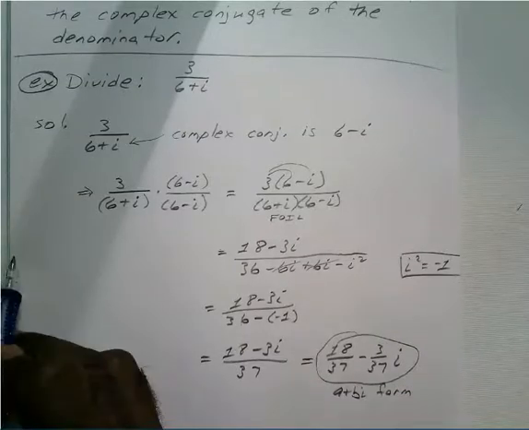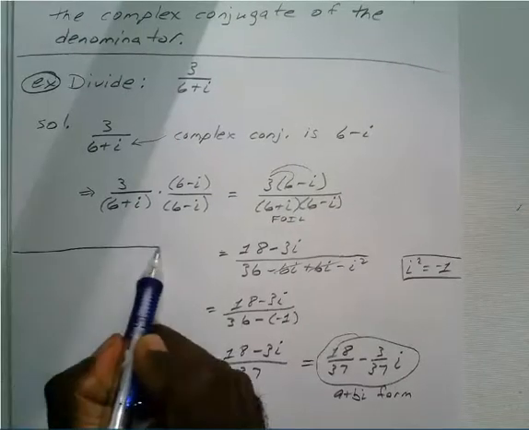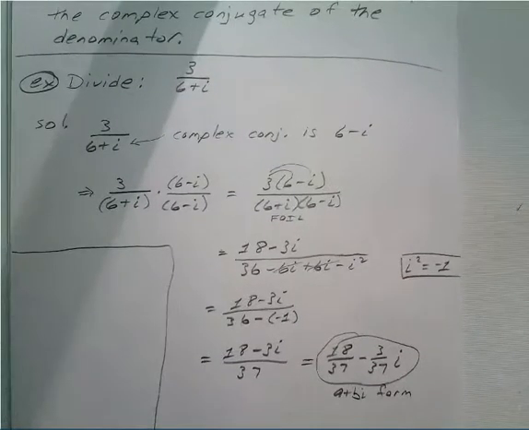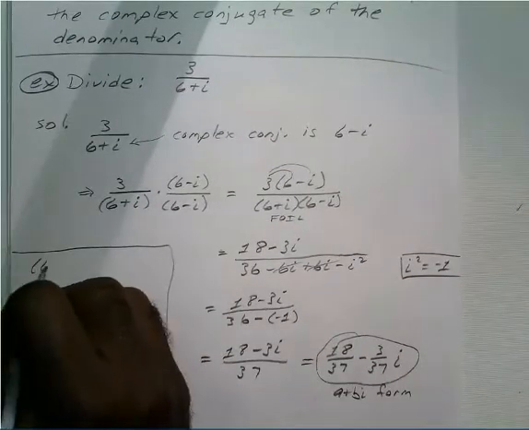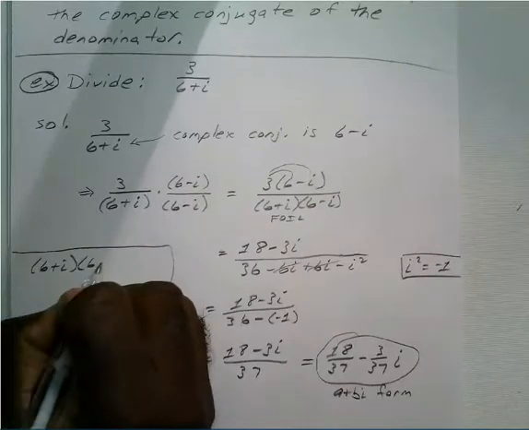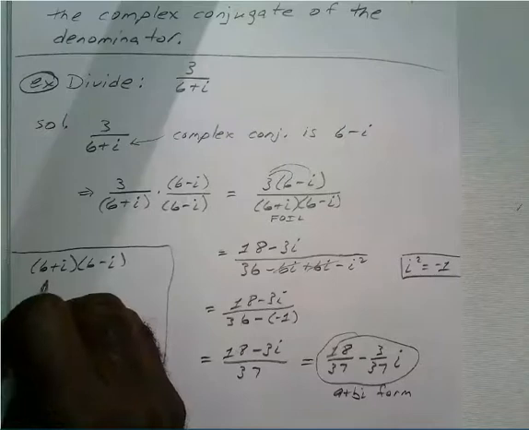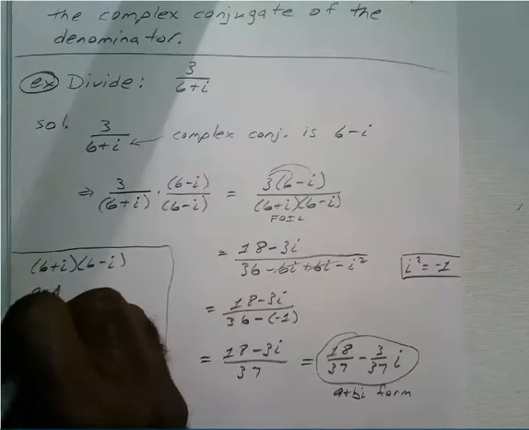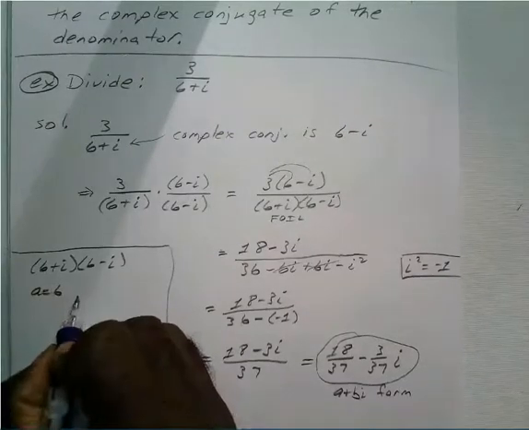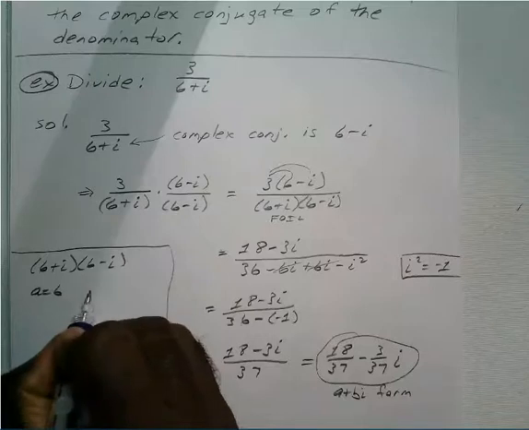Alright, and again, if you wanted to, for 6 plus i times 6 minus i, you can use the formula. Remember here, a is equal to 6, and b is equal to 1.